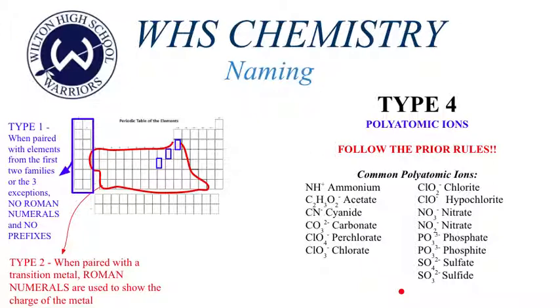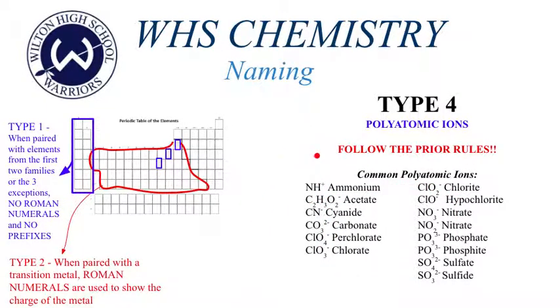But you can click here to see a video where we show a way that is very helpful in memorizing or knowing these polyatomic ions. But let's move forward. Right here are some common polyatomic ions. Notice they all have charges.